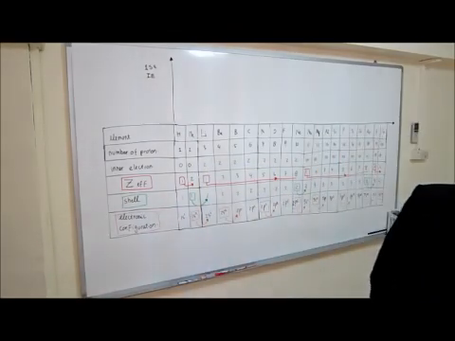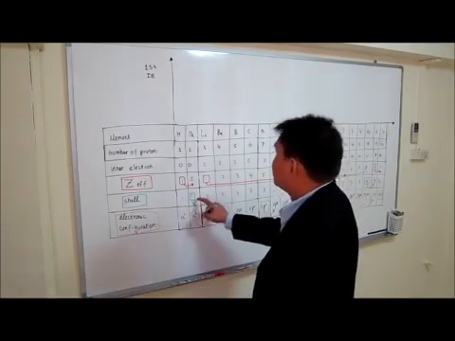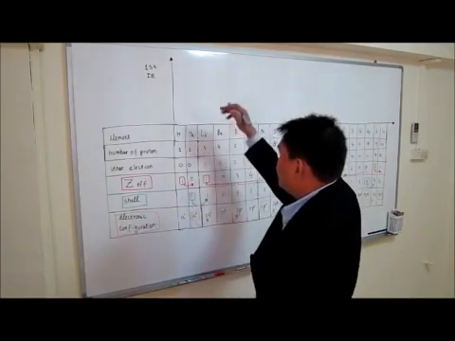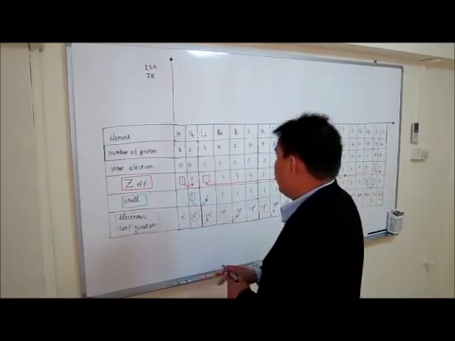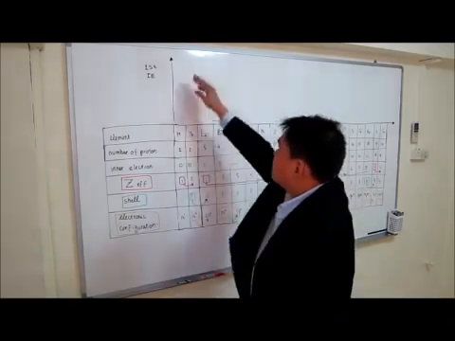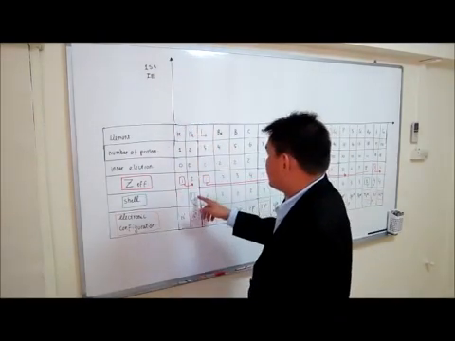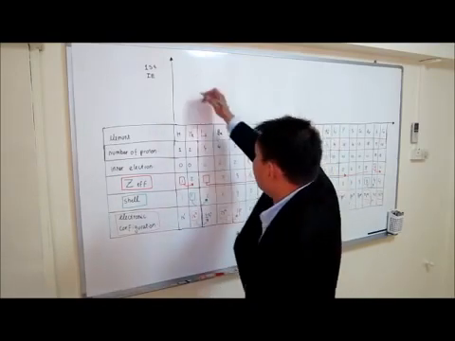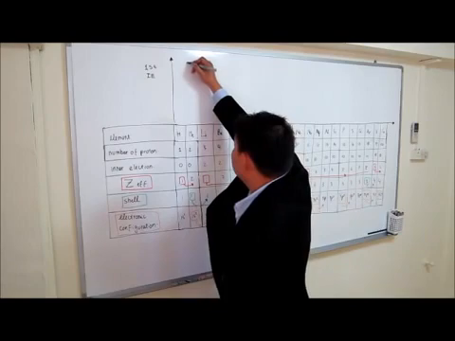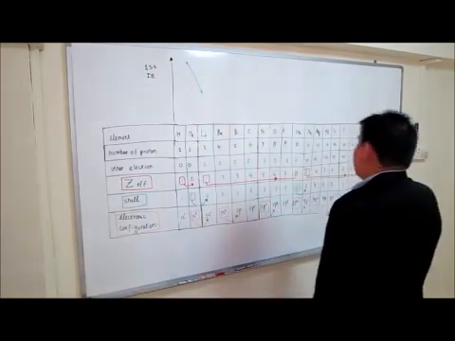So what we do is we draw the green one first. The green mark, the one that you have a significant decrease in the first ionization energy. And remember, for small atoms, the ionization energy is high, so we start from a very high one. So from helium to lithium, there will be a significant decrease.